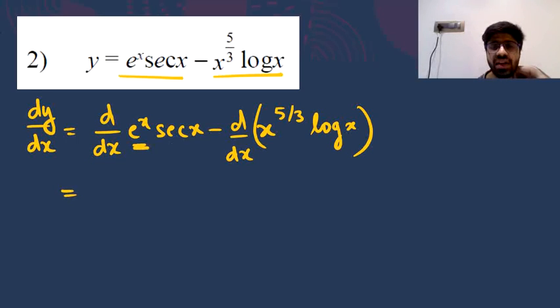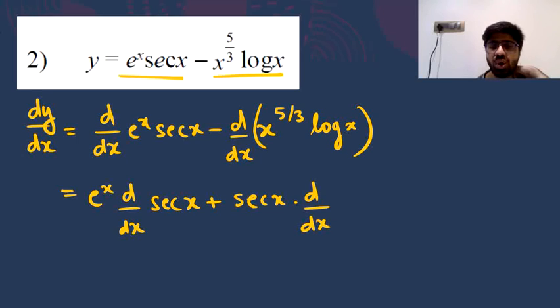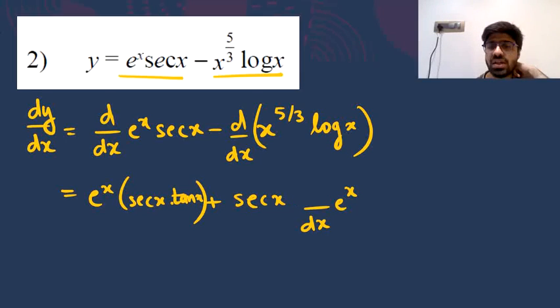So e power x into sec x, that's like u into v. The derivative is going to be u, that is e power x, into d by dx of sec x plus v, that is sec x, into d by dx of e power x. Let's complete these terms for now. D by dx of sec x will be sec x into tan x plus d by dx of e power x will be e power x only.